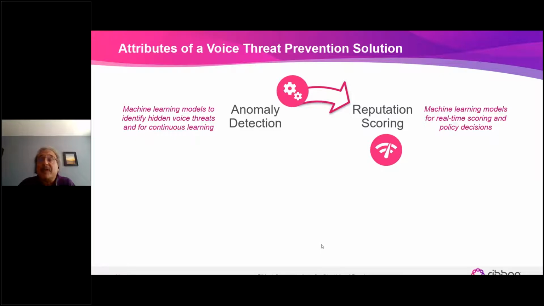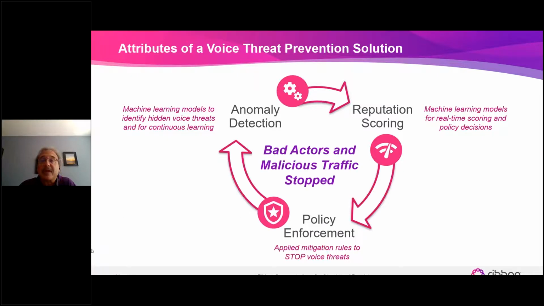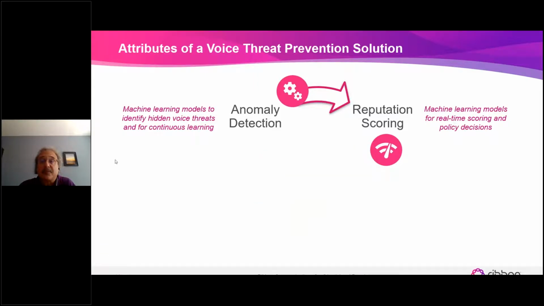It might be pretty clear to some that it's a TDoS attack, it's malicious intent, and I have to stop it. But in many cases, the nuances of what's good or bad are more complicated. So by determining one or more reputation scores that can be associated with each and every VoIP session, it's going to be possible to make an informed policy decision about how that traffic should be handled.